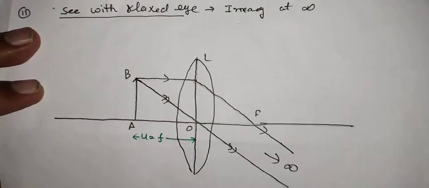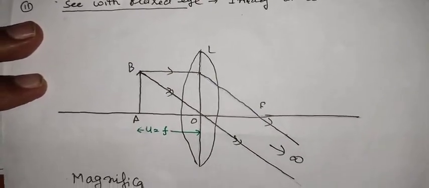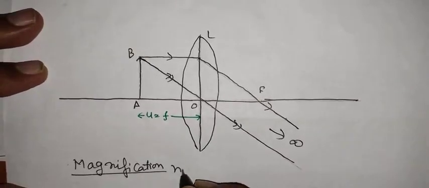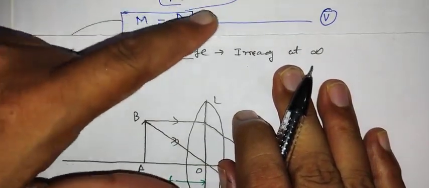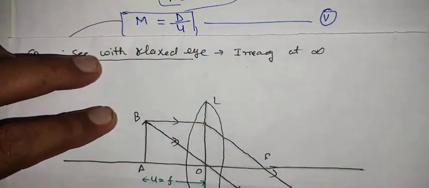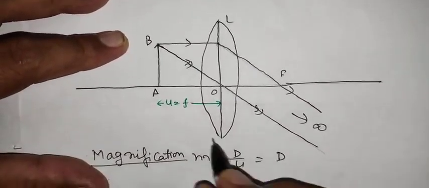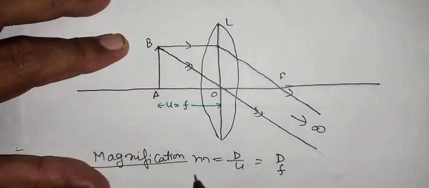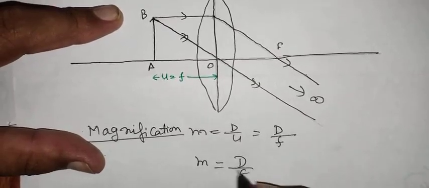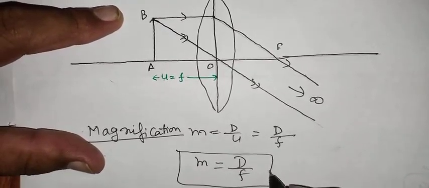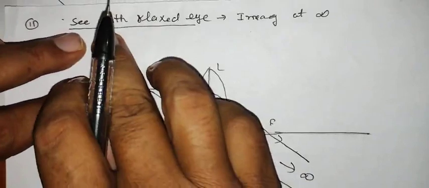In that condition, the magnification, which is given by equation 5, M is equal to D by U. In place of U, F can be used. So the formula can directly be written as D by F. This is the formula for magnification when we see with the relaxed eye.